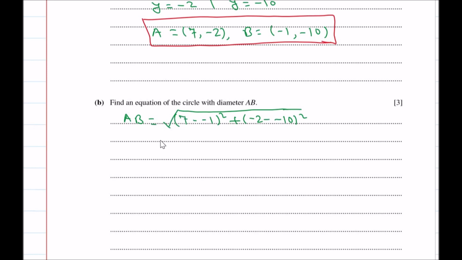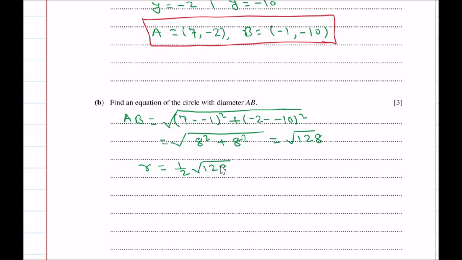Now if you simplify this, we get root under 8 square plus 8 square, that is root under 128. Okay, this is AB. That means our radius will be half of this diameter. So r equal to 1 by 2 times root under 128.